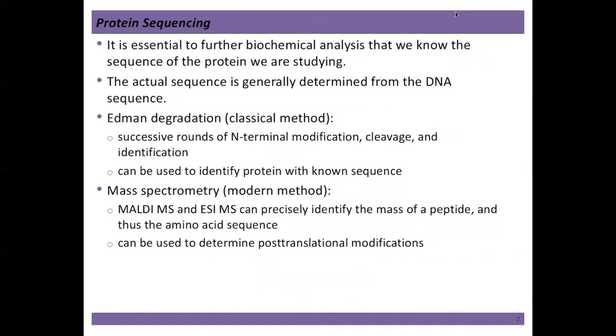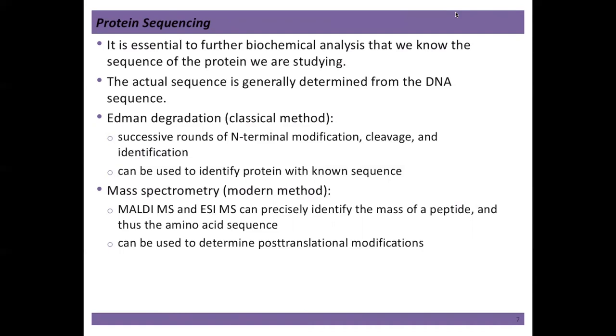So it's important to know the sequence of the protein. Now, they've advanced it where you can actually get the sequence from the DNA, especially with DNA technology and overexpressing proteins in other organisms. That comes directly from the DNA.